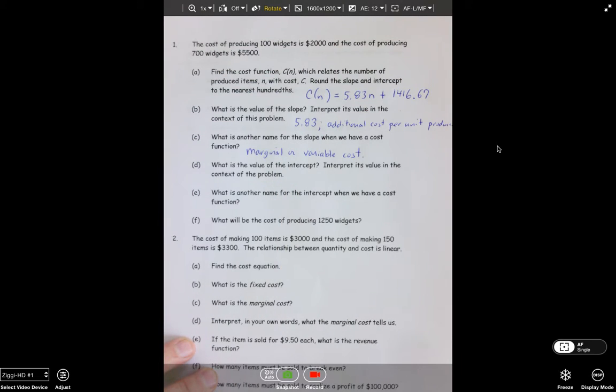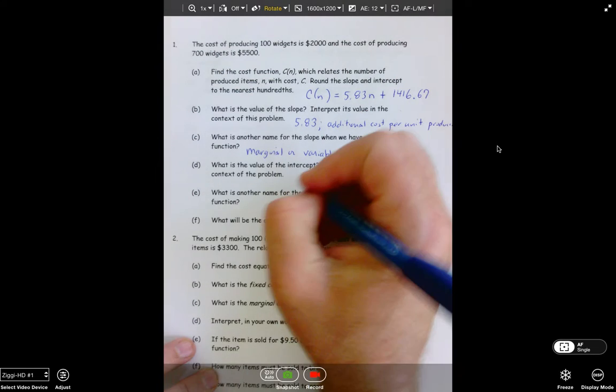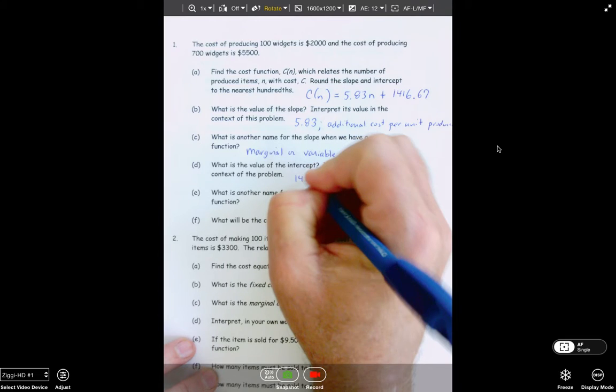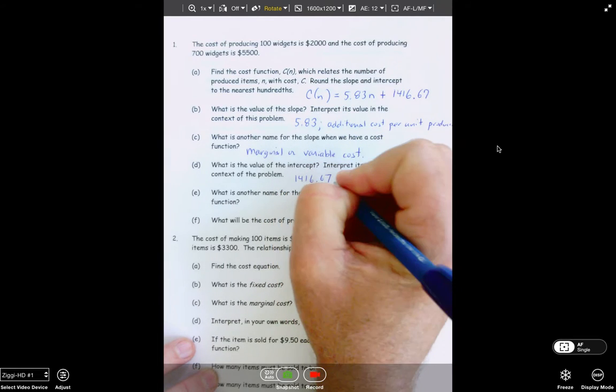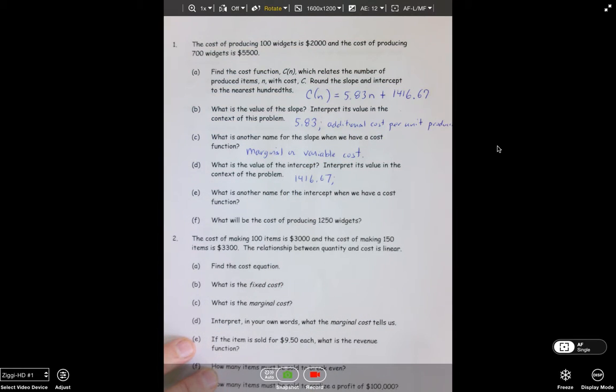What is the value of the intercept? $1416.67. Interpret its value in the context of the problem. Guys, the intercept is always the value when our x, or in this case n, is equal to 0.